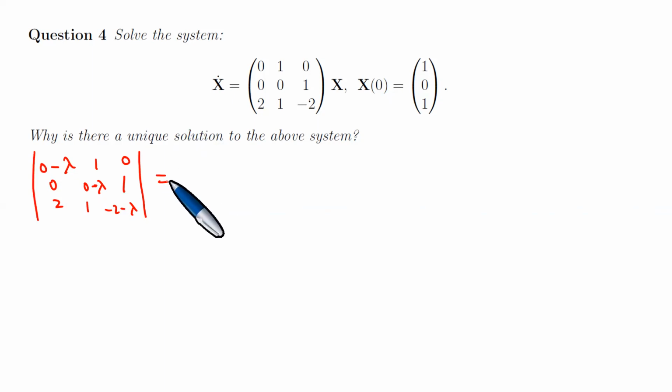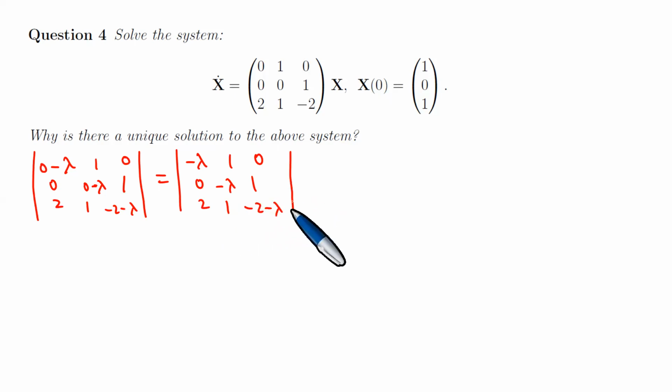Okay, so we can just simplify. Okay, my goodness, this one: 2, 1 minus 2 minus lambda.